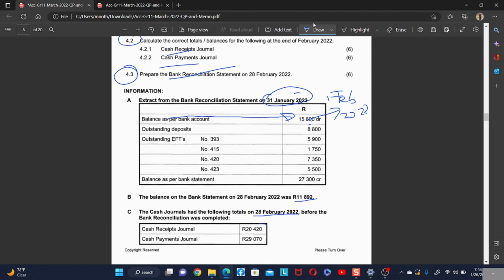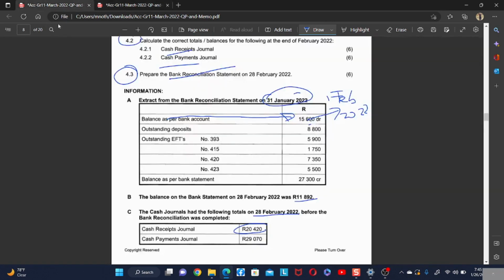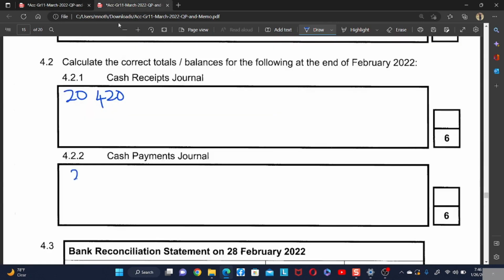The CRJ is 20,000, and then the CPJ is 29,070.